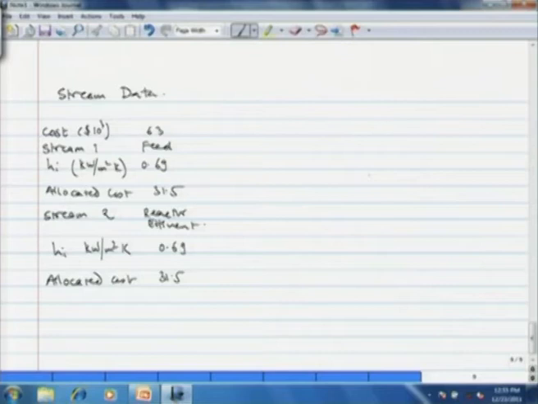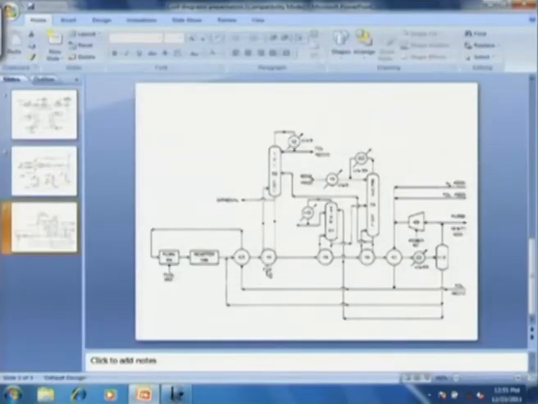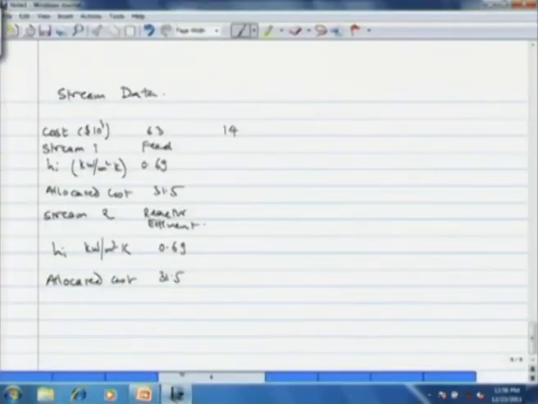Now, the next exchanger is a toluene reboiler. It has a total cost of $14,000. And now we have to assign it to the two streams that are there. The first stream is the boiler stream itself.